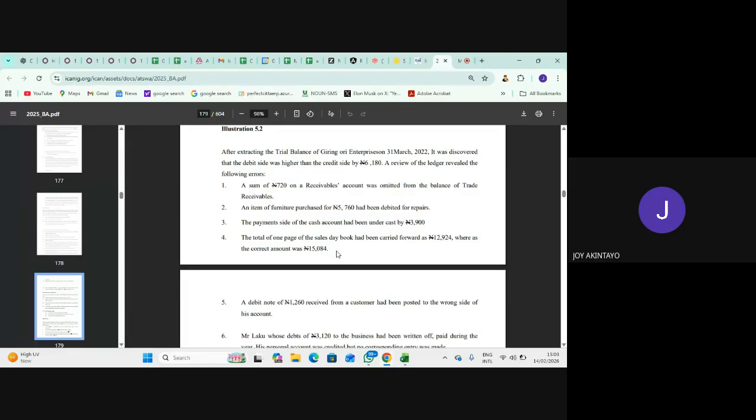That should be error of original entry, from the source document or subsidiary books of accounts, or day book rather, or book of prime entry. Right from our day book. These errors all occurred. So what do we do? It means the two affected accounts have to be corrected. Are we together?